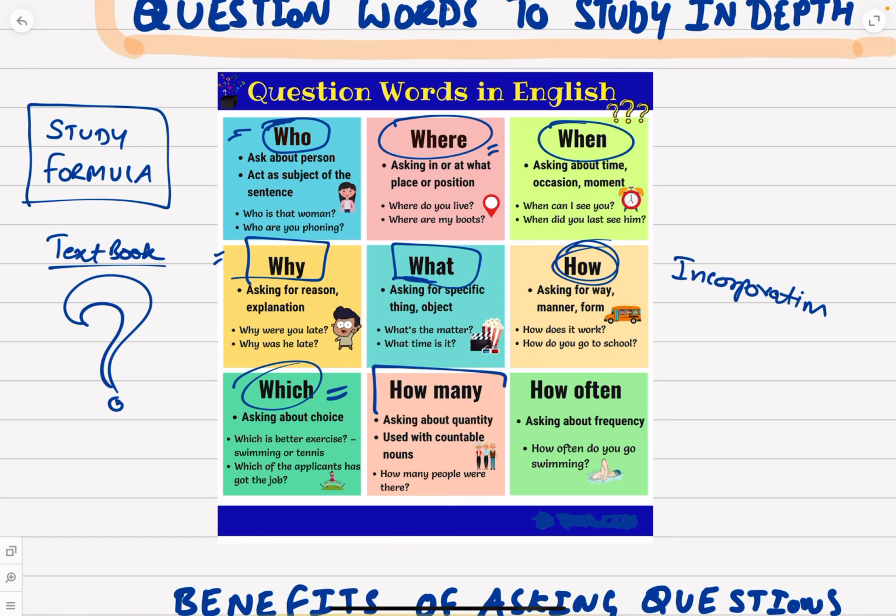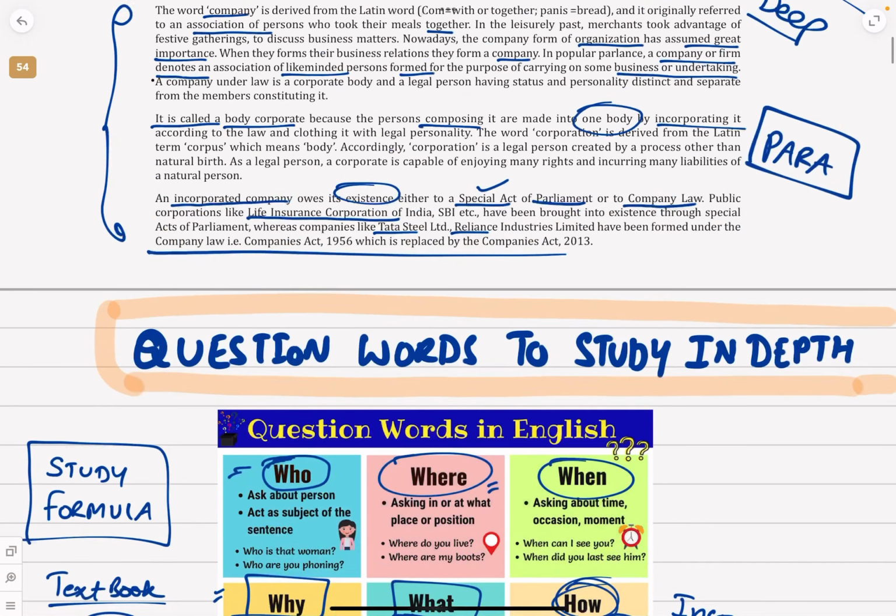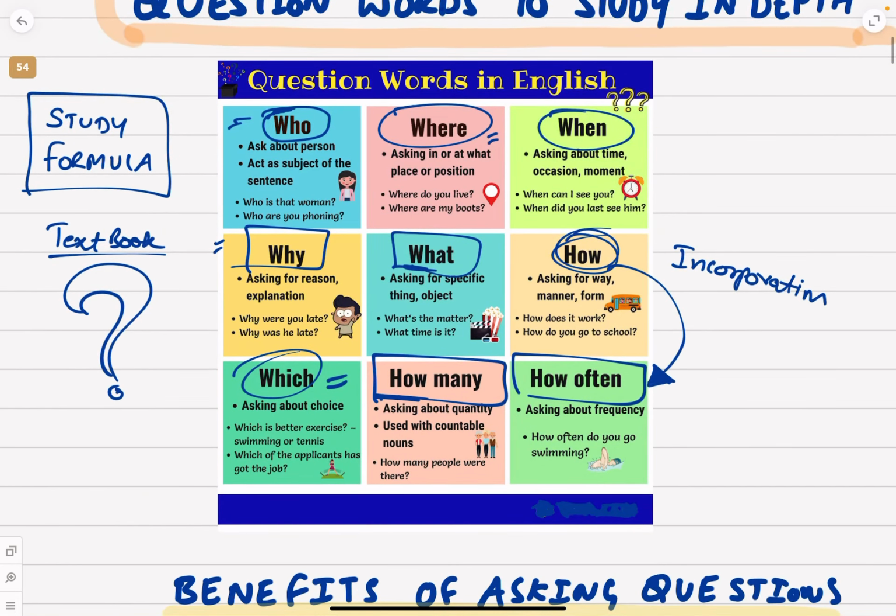And you can even add how many, how often. How many is a derivation of how, but just because it is important, I'm telling you. For example, how many types of registration are there? One is special act, one more is by company law, right?